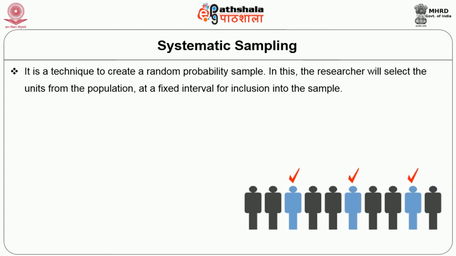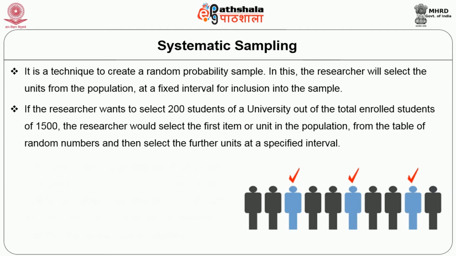For example, if the researcher wants to select 200 students of a university out of the total enrolled students of 1500, the researcher would select the first item or unit in population from the table of random numbers and then select the further units at a specified interval.